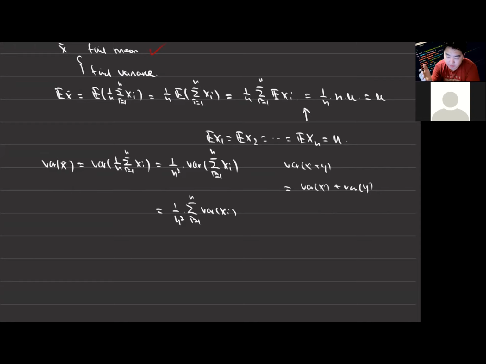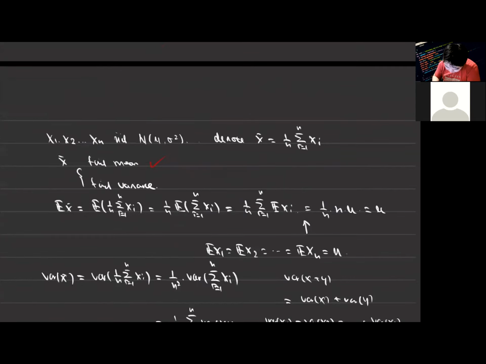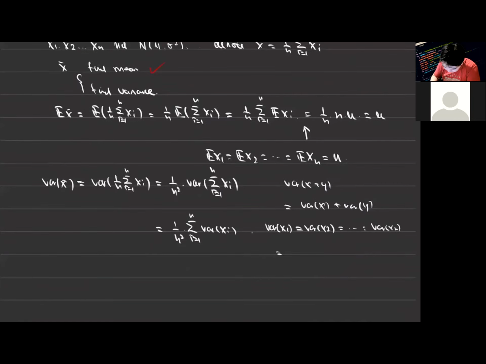So this makes my life much easier, and we can use the same trick, right? So from here we use the same thing. Variance of x1, but technically speaking, that's equal to variance of x2. Same thing with x3, all the way to variance of xn, equal to what? The problem says it's this guy, right? So they're equal to sigma squared.